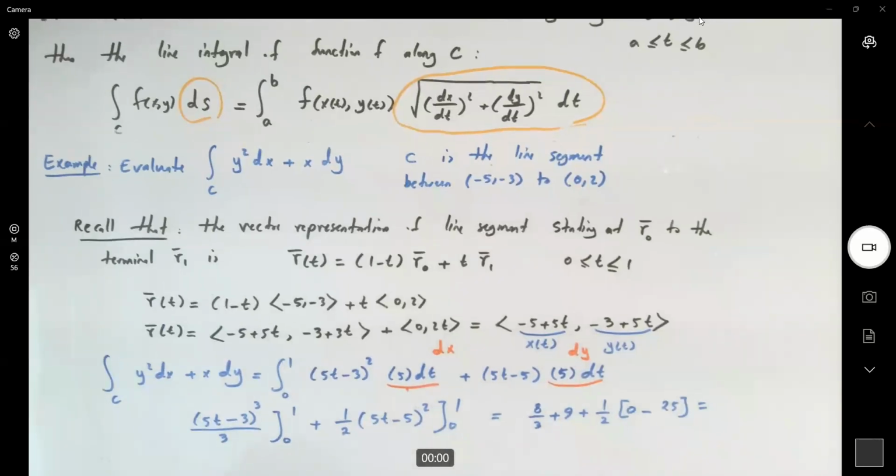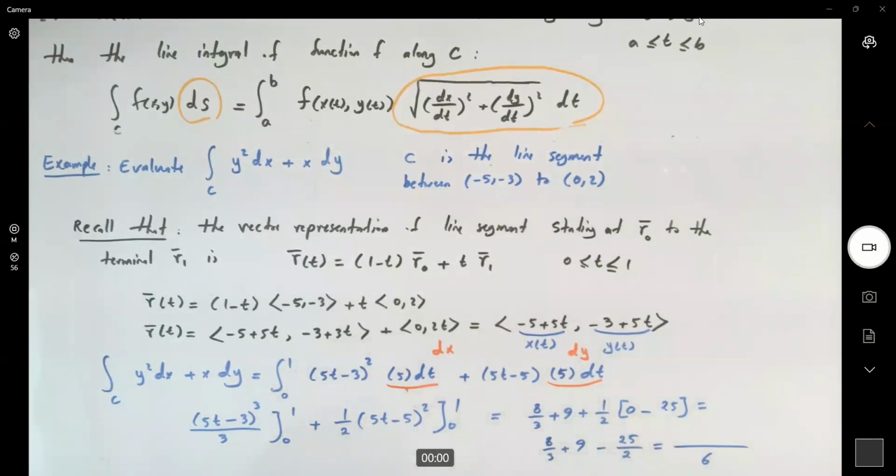Okay, so let us do the algebra here. A third plus 9 minus 25 over 2. We need to take the common denominator, which is 6. 16, 54 minus 75.